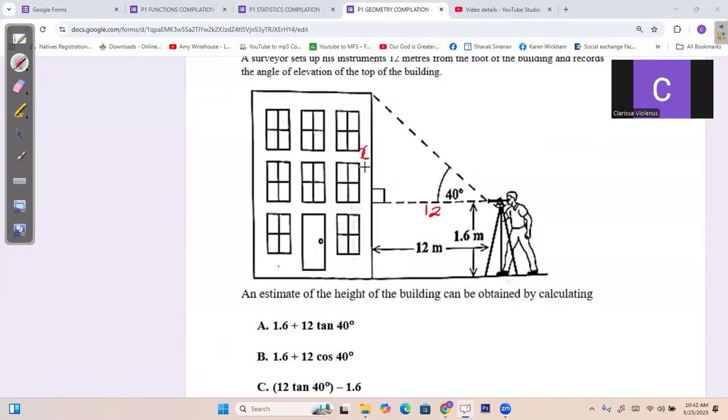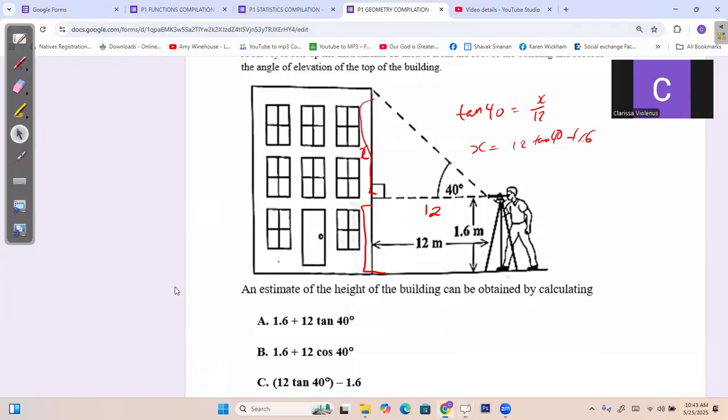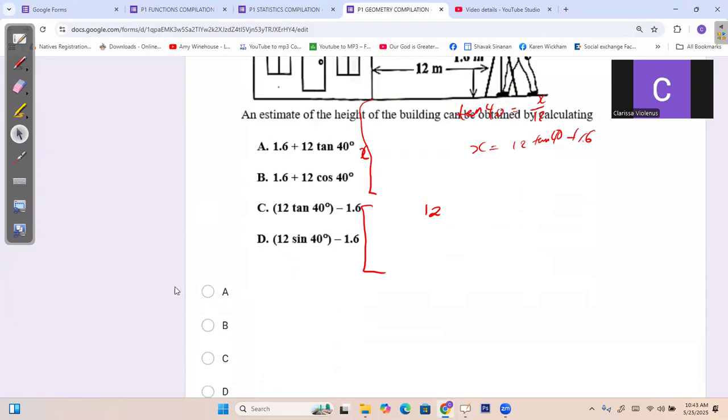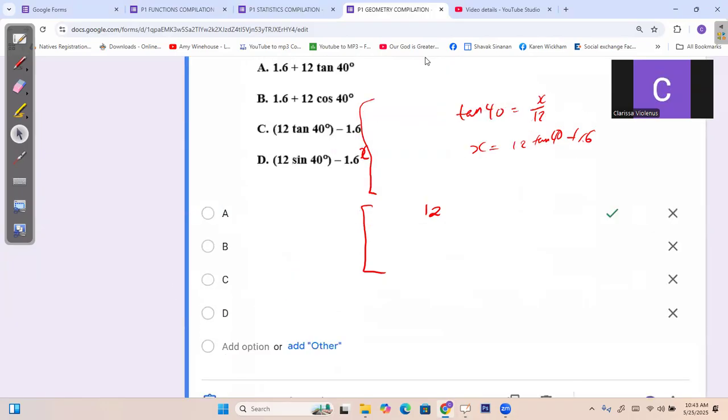This is X. So we're going to find this distance here, X. tan 40 is equal to X over 12. So X is equal to 12 tan 40. But that's just this half. We got to add the second half, 1.6. So you get 12 tan 40 plus 1.6. That was A. The answer is A. All right, so that's it for all of the questions.